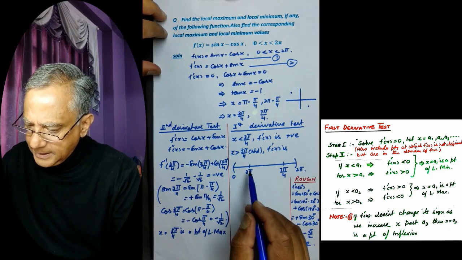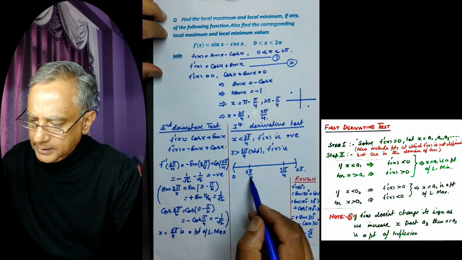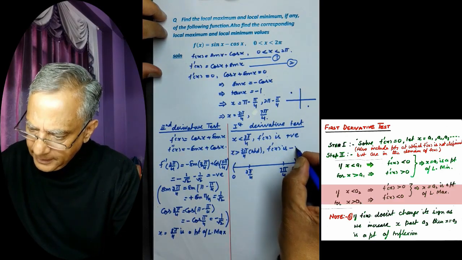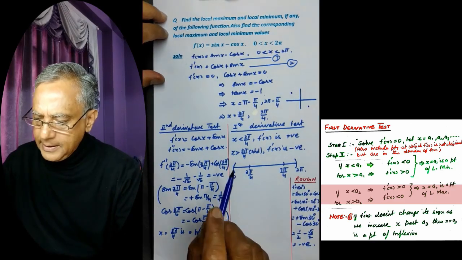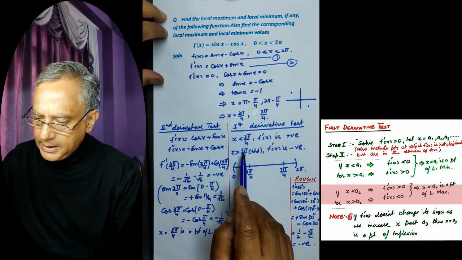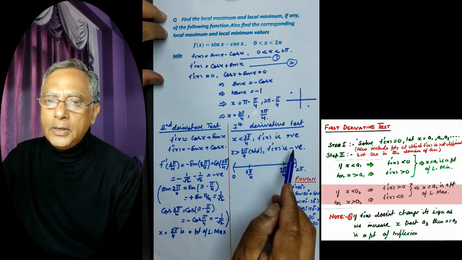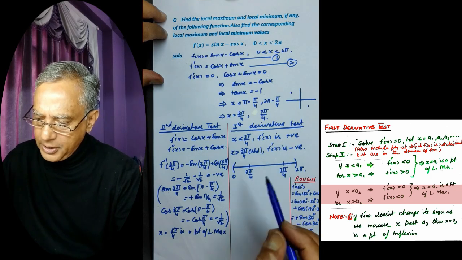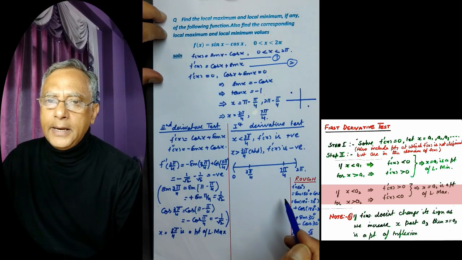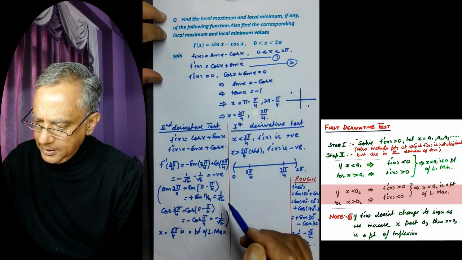For x greater than 3 pi by 4, the sign is negative. So what we notice, as we increase x past 3 pi by 4, the sign changes from positive to negative. That is, the function changes from monotonically increasing to monotonically decreasing. That is rising to falling.